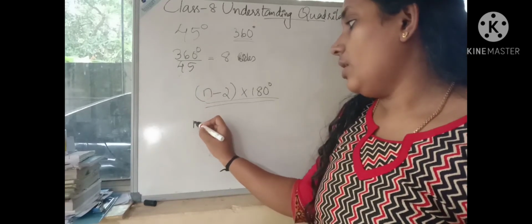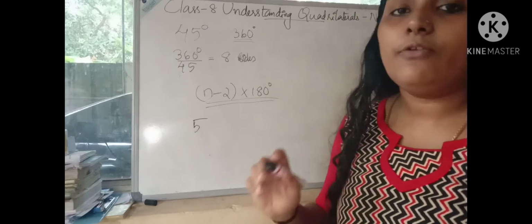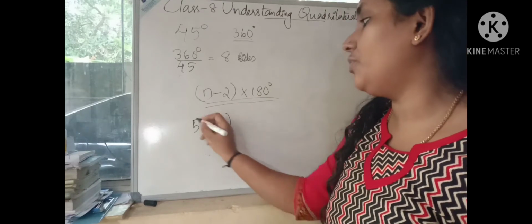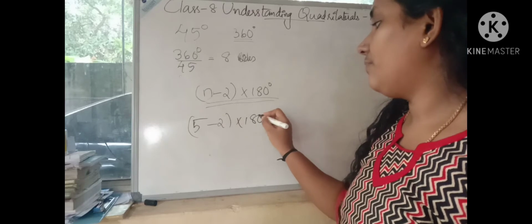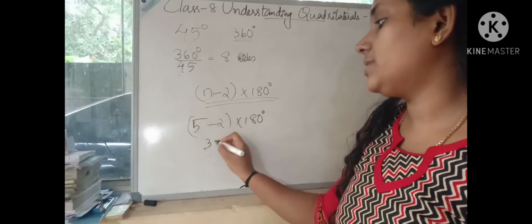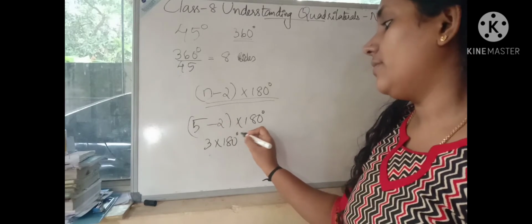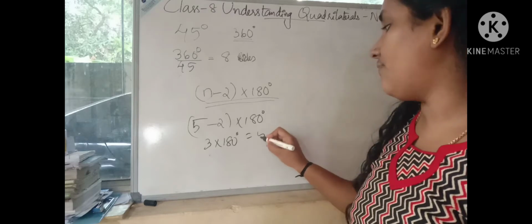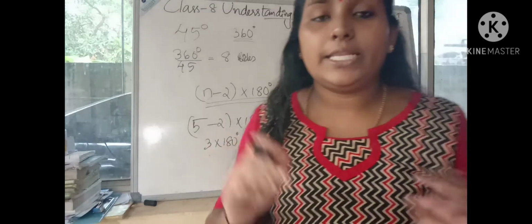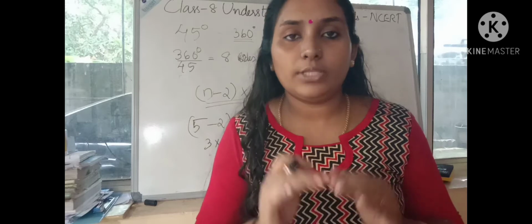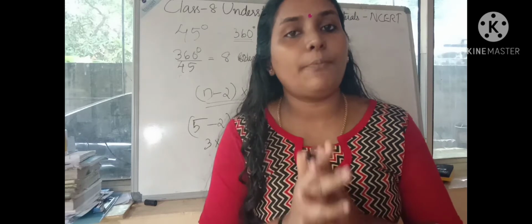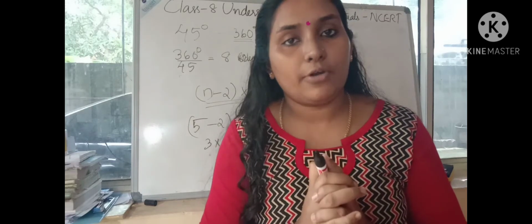Okay. So, a pentagon has 5 sides, (5 minus 2) into 180. That means 5 minus 2 is 3, into 180. We can easily write it as 540. So the sum of the interior angles of a pentagon is 540 degrees.